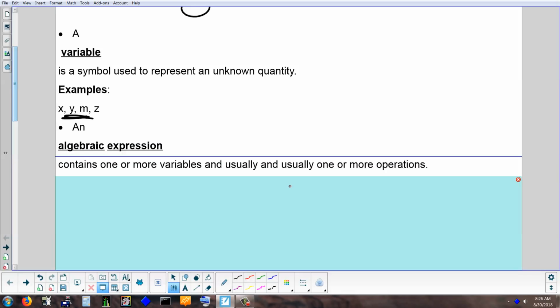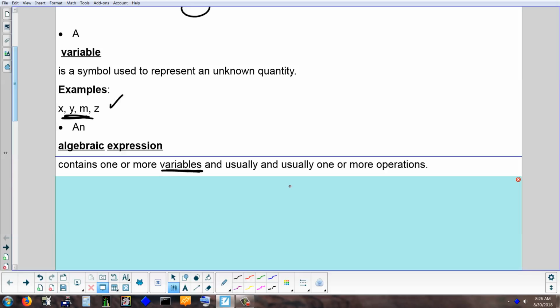is defined, you already have this part written, to have something that contains one or more variables and usually one or more operations. Well, we know what variables are. We just talked about that right there. Those are letters. But how about an operation? We're not talking about doing surgery, so what's an operation in math? Yeah?